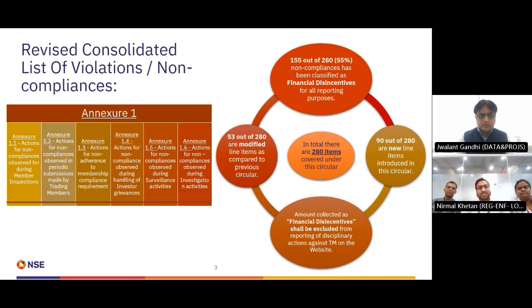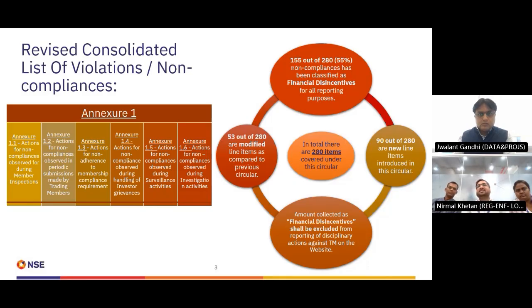Only the reportings on the website or status reports sought by the members, in which the material items for which the penalty is being levied will be classified and shown. The amounts collected in the nature of financial disincentives are not being reported for these purposes. So that gives a compliance perspective to the matter.